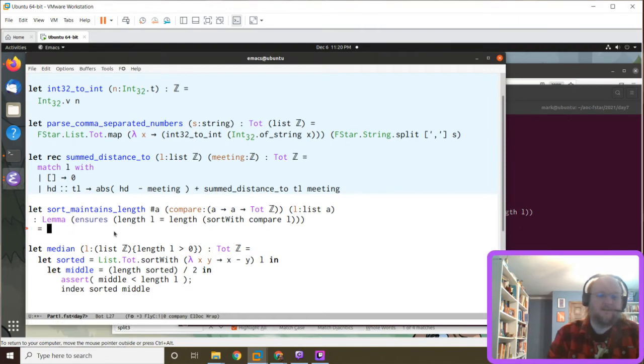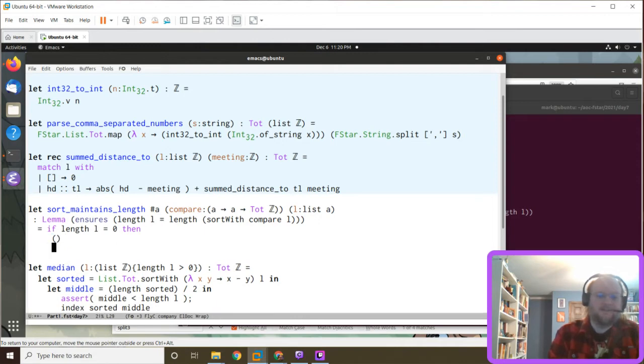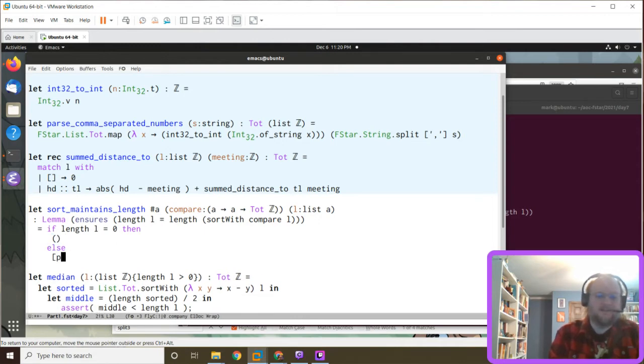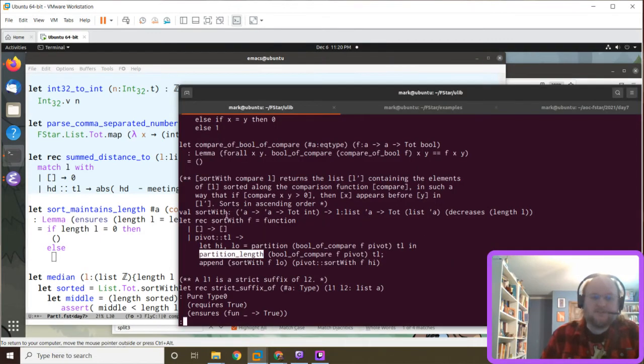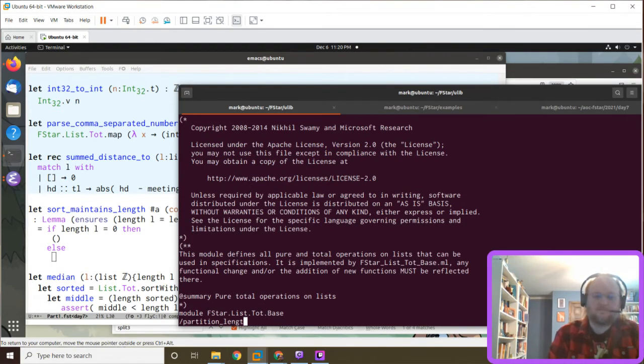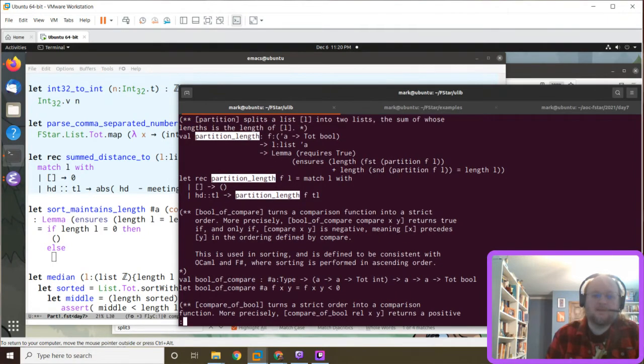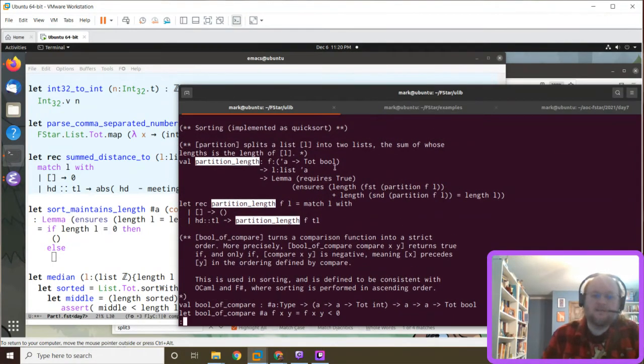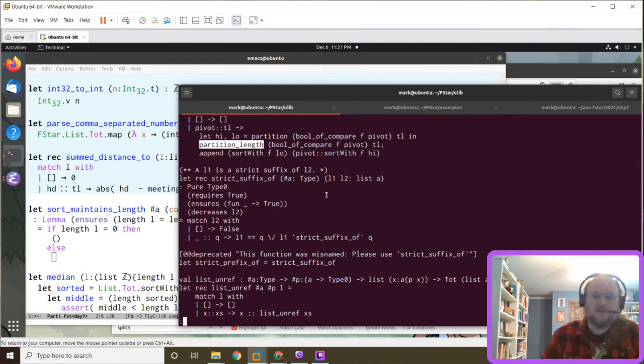All right. If length L equals 0, else. So this lemma takes a bool function. Okay, so that's why we use bool compare.